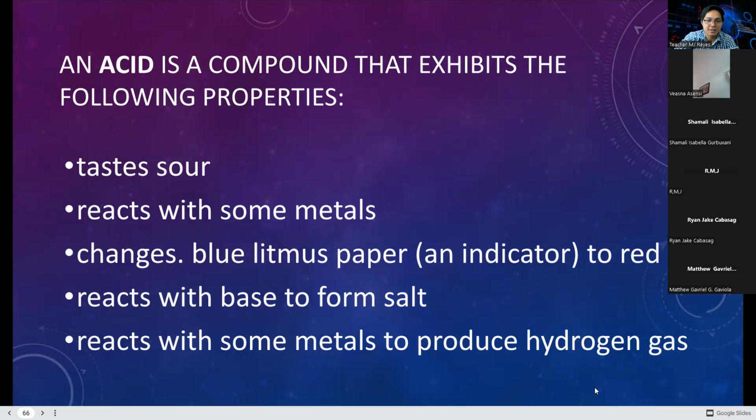It's an acid test, meaning they let the nitric acid react on that certain metal. If it is gold, there will be no reaction at all. But if it is another metal aside from gold, it will produce hydrogen gas and dissolve in the nitric acid.